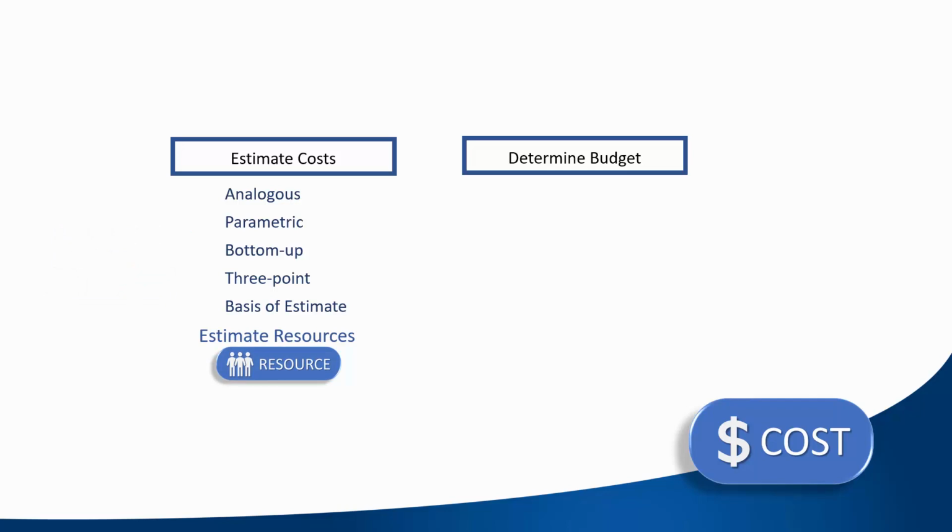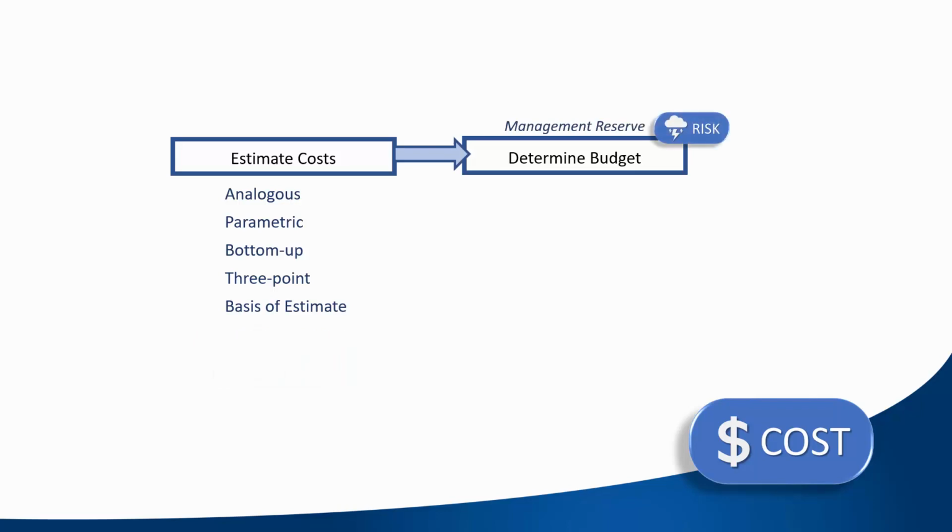The basis of estimate describes the underlying facts and assumptions that were used to create each estimate. Gather up all of the cost estimates, add in management reserve, which we discussed in the risk lessons, and you will determine the budget. Project funding requirements describe how much money is needed and when.